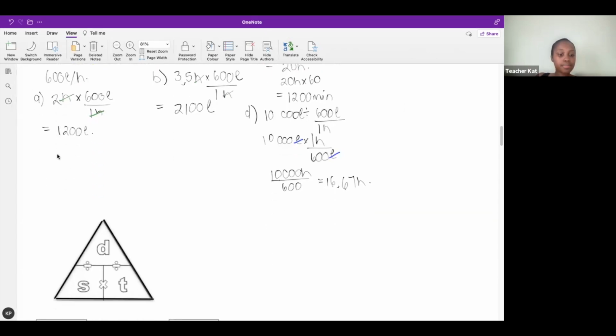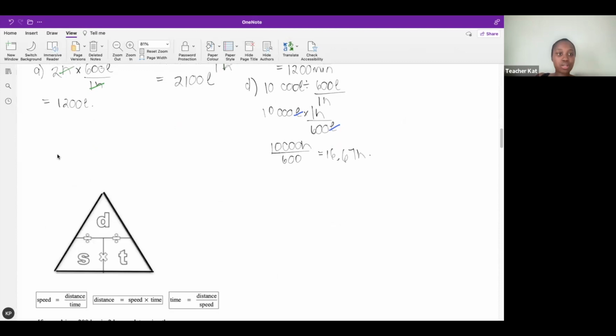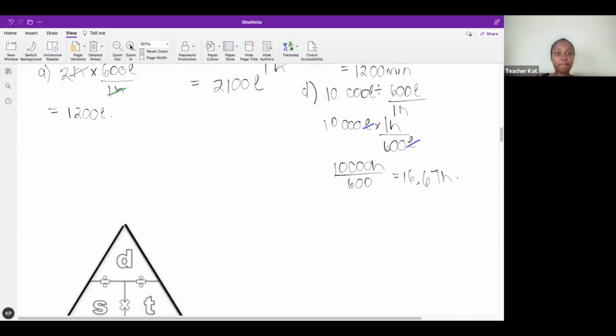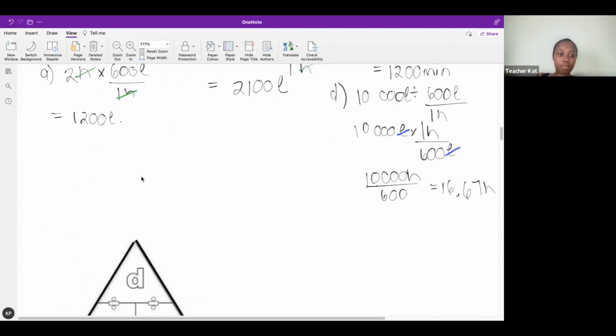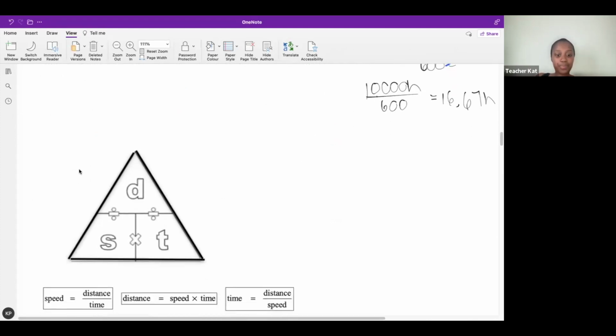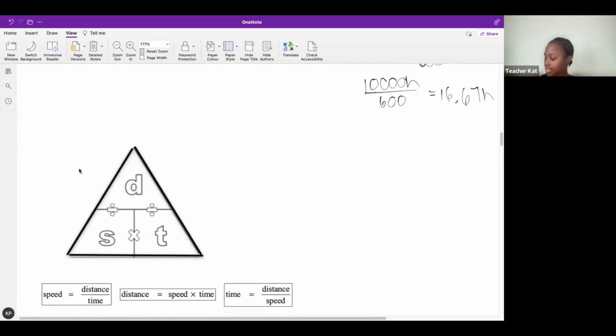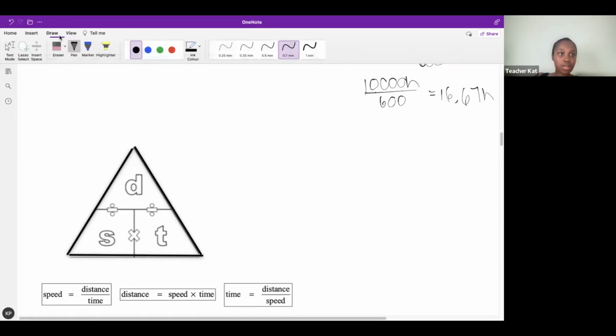All right. Now, I'm sure you've seen this triangle before. This is probably the most common thing that everyone knows about rates. Okay, this is the DSTV triangle. That's what they call it. The main reason is because we have DST and then the V is the triangle going up and down.